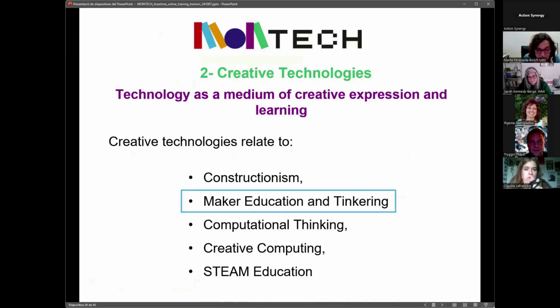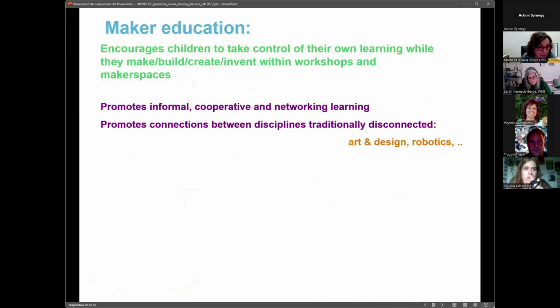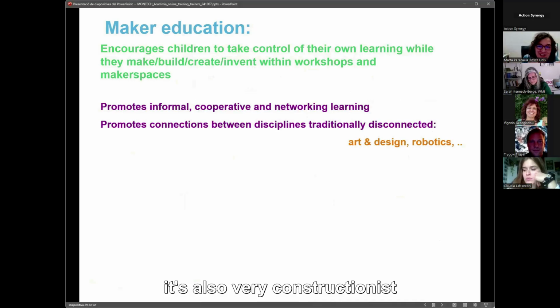Creative technology also relates to maker education and tinkering. Maker education encourages children to take control of their own learning, like we were saying in the Montessori approach, while they make, build, create. It's also very constructionist, within workshops, maker spaces, tinkering spaces, places where they find material.